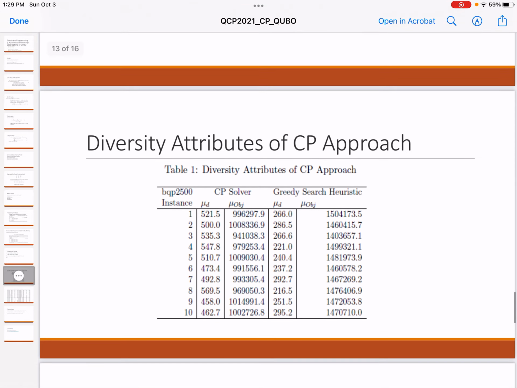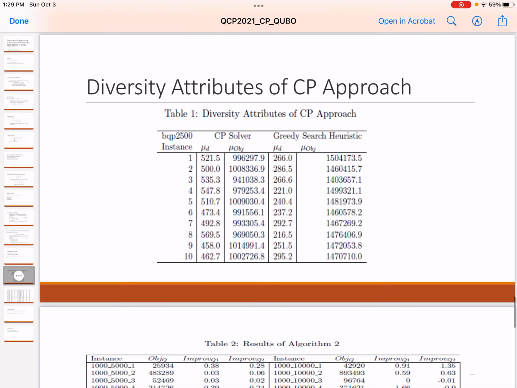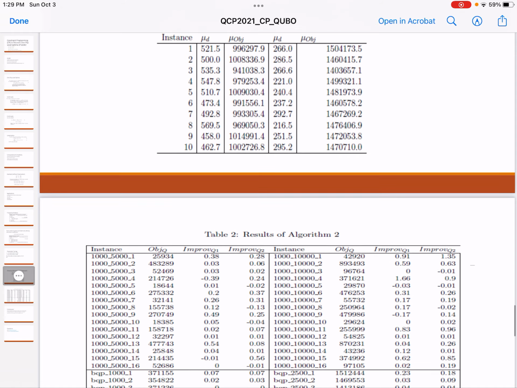As I mentioned before, these are some of the results that we got from our routine. First, looking at the properties of the one flip local optima, we realized that the set of one flip local optima is highly diverse compared to a traditional greedy heuristic. And again, the emphasis was on the search for that set, so that is slightly different, and that is why you see that the objective function behavior is not very good compared to the greedy search heuristic. But what we have observed is we can quickly figure out a diverse set of one flip local optima.